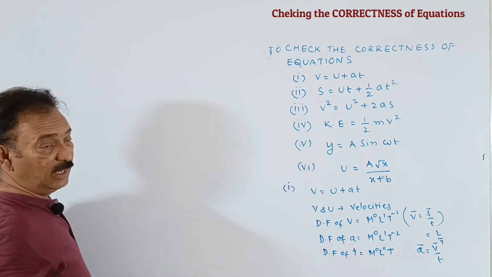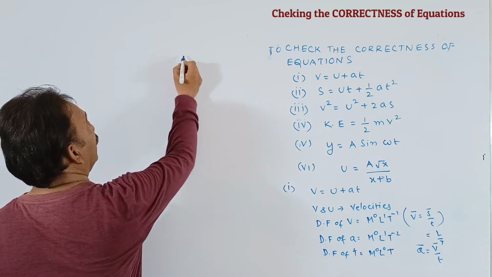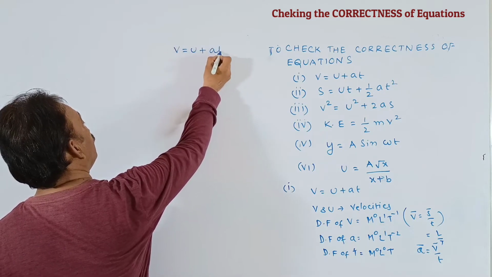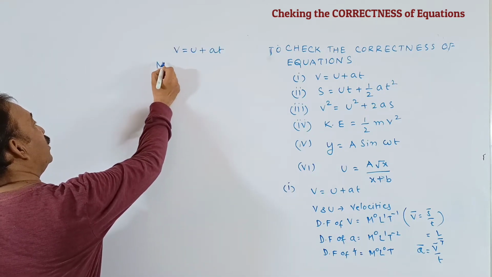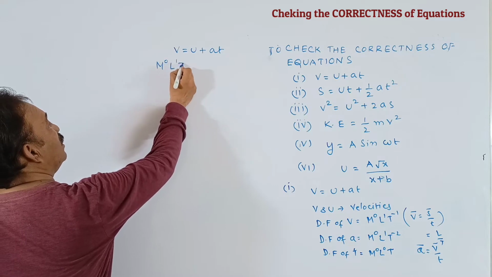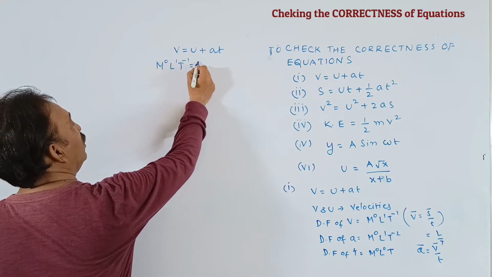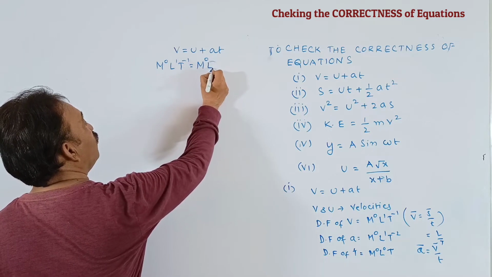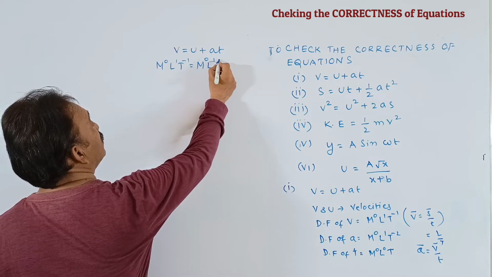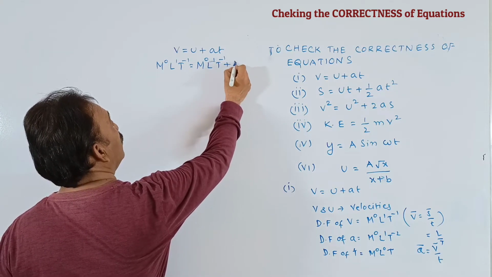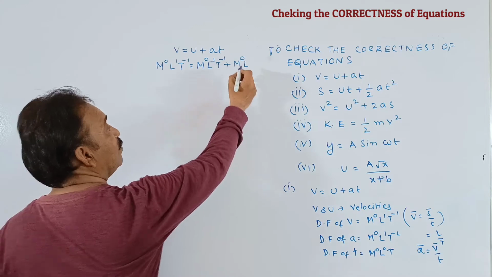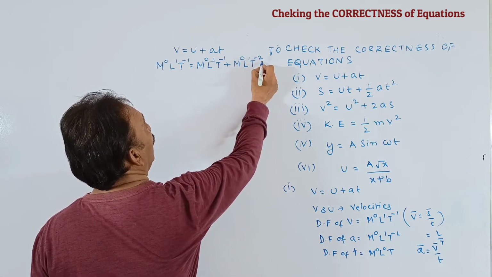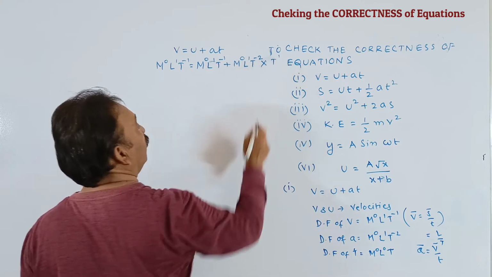What we have to prove here is LHS is equal to RHS. Then substituting all in the equation V is equal to U plus AT, you can write M0 L1 T inverse is equal to M0 L1 T inverse plus M0 L1 T inverse 2 multiplied with T to the power of 1.